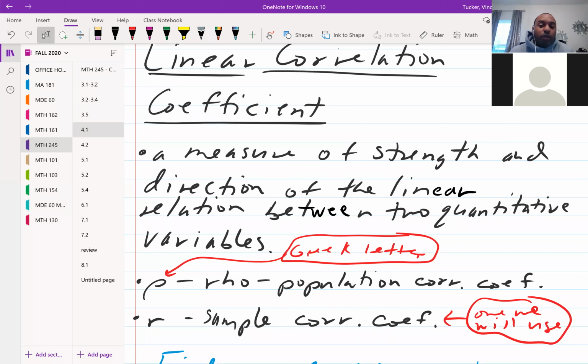So the population correlation coefficient will be represented by the Greek letter rho. It kind of looks like a P, but a little different, more smooth, I guess you would say, kind of like the Philadelphia Phillies P in baseball. But for the sample correlation coefficient, it's just the letter r, and that is the one we will use. We will use r, the sample correlation coefficient.